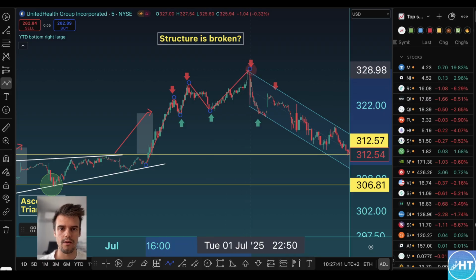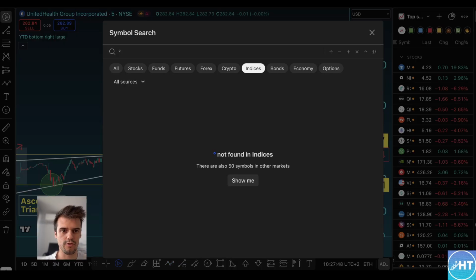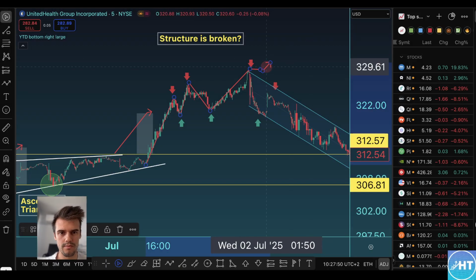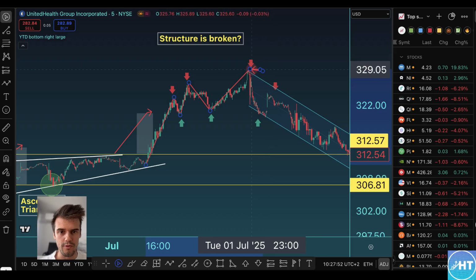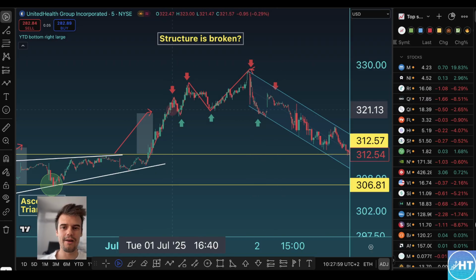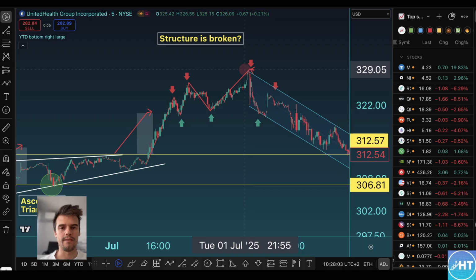Yeah, I'm not very used to this new tool, so let's put it like this. All right, perfect. So we have the structure: higher low, higher high, higher low, higher high, higher low, higher high. All right, so this is a clear uptrend structure.